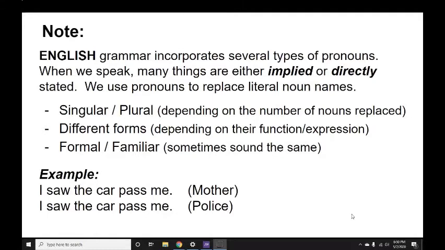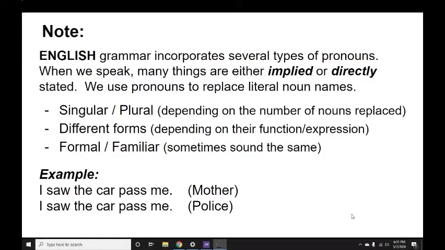So if it's medicine that we're talking about, one bottle of medicine, we may use a singular pronoun to replace that bottle of medicine. But if it's many bottles of medicine, then we're going to use a plural pronoun to replace the bottles of medicine. So we might say it for one bottle or they for many bottles. Okay, it is on the table or they are on the table, referring to the bottles of medicine.